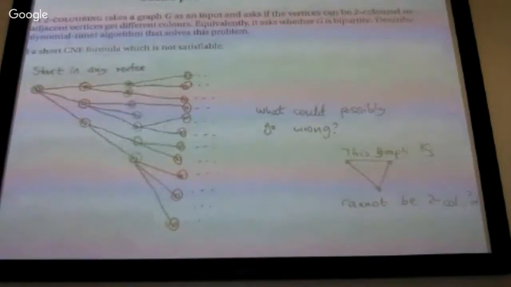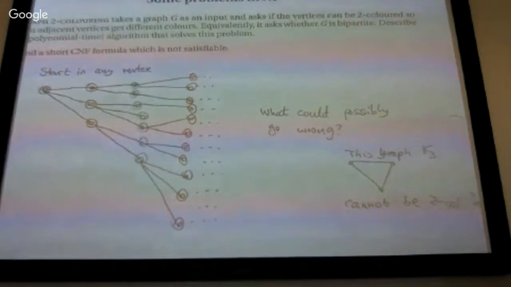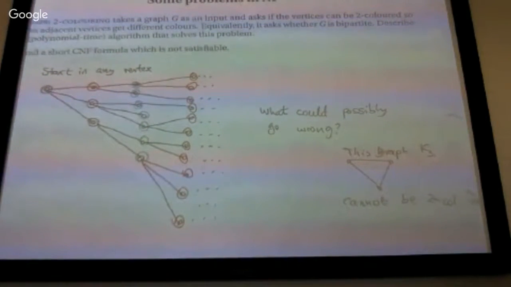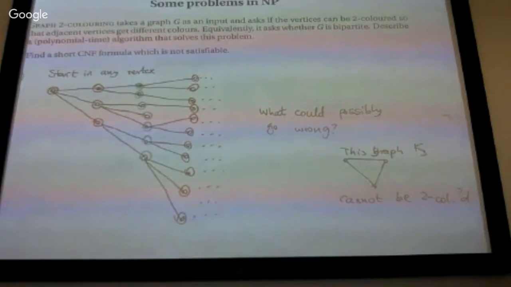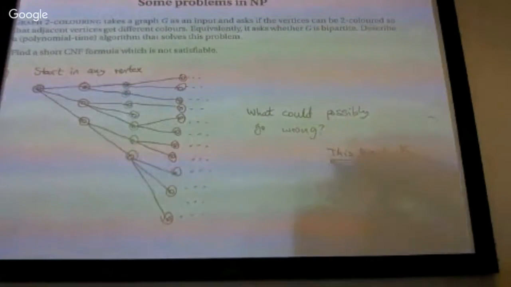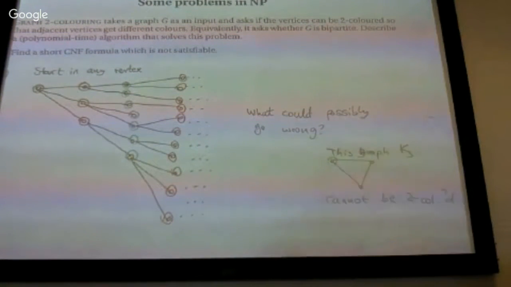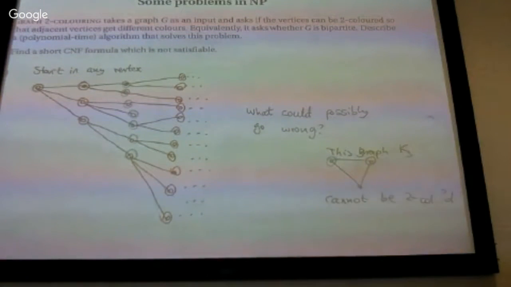Okay, because well, it cannot. So you start with green, and then all the neighbors have to be red. Well, but this guy can't be red, or it can't be green. Okay. So one thing that could go wrong is that somewhere here there's going to be an edge.